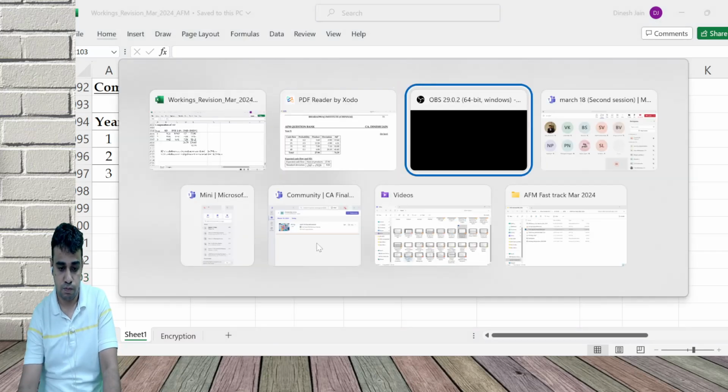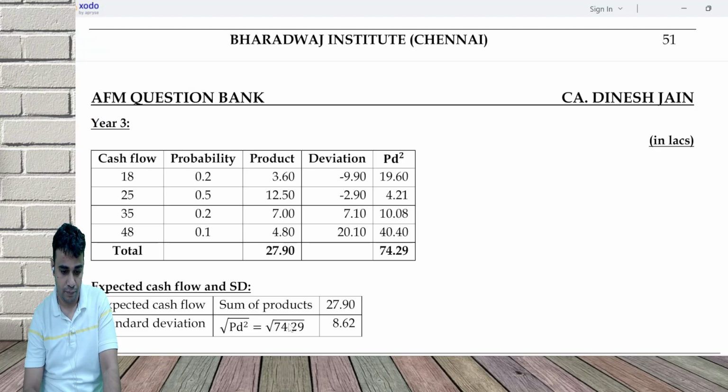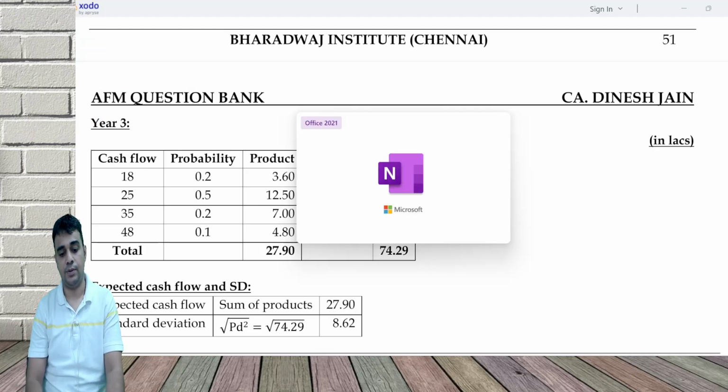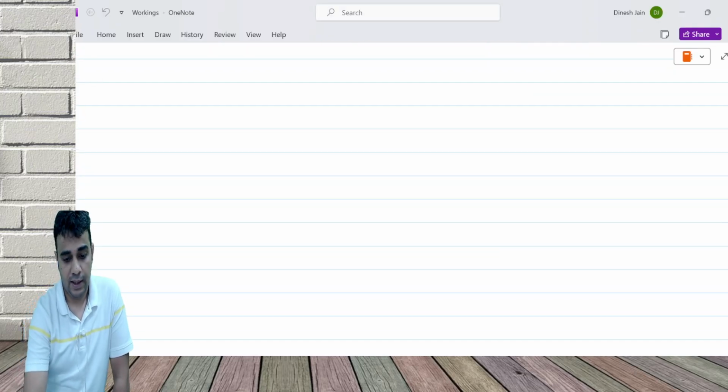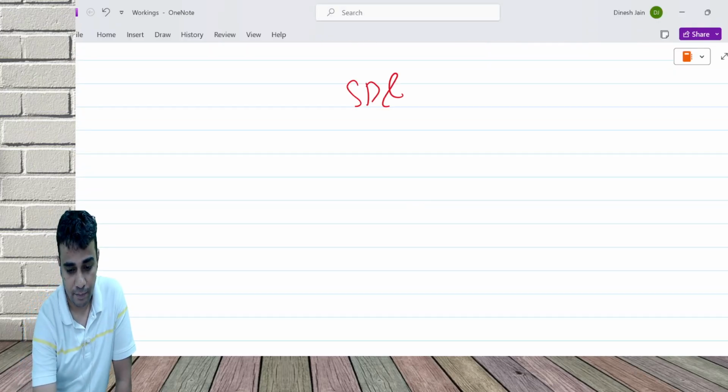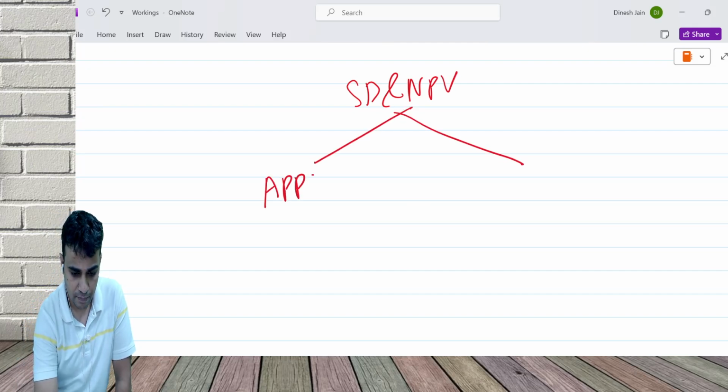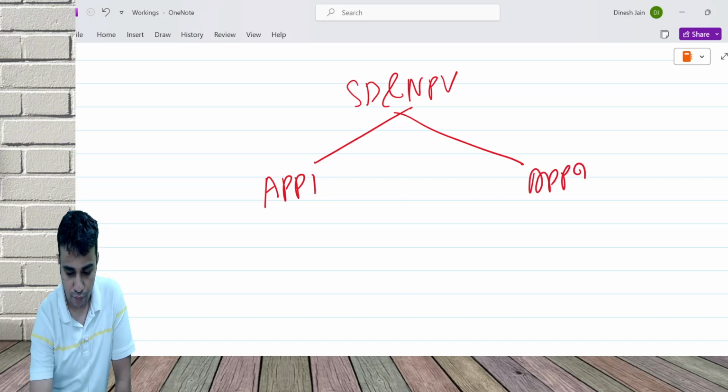So, in your notebook, just write this alone. SD and NPV. Approach 1, approach 2.